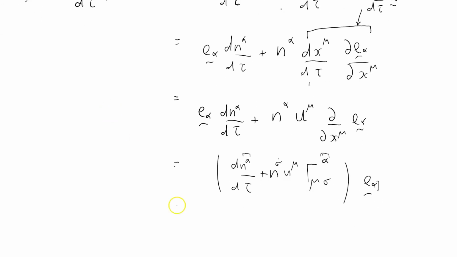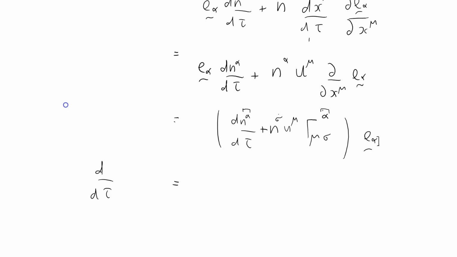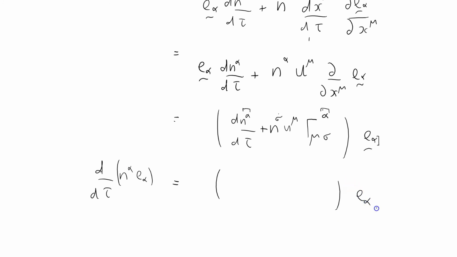That's correct. Equals. So d by d tau, just copying from this equation here, of n alpha e alpha equals this thing here times e alpha.